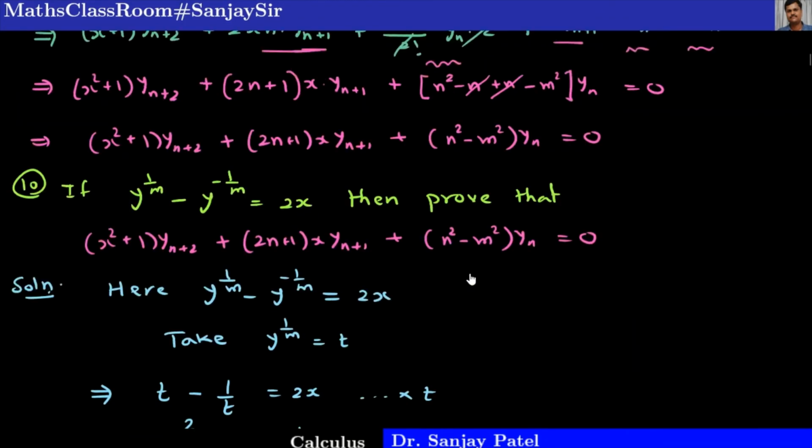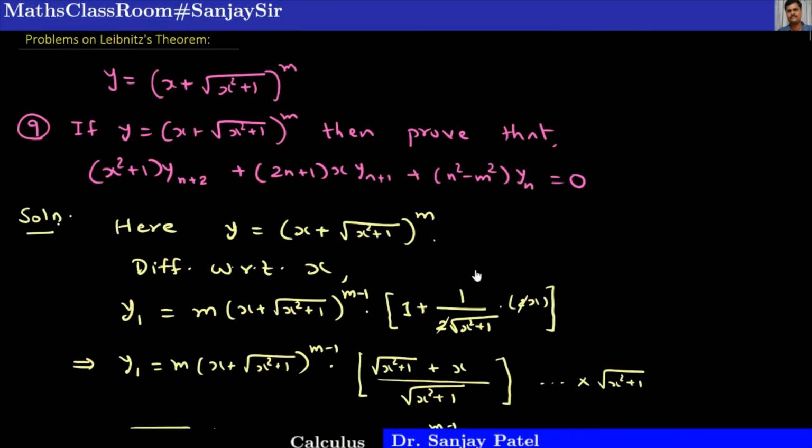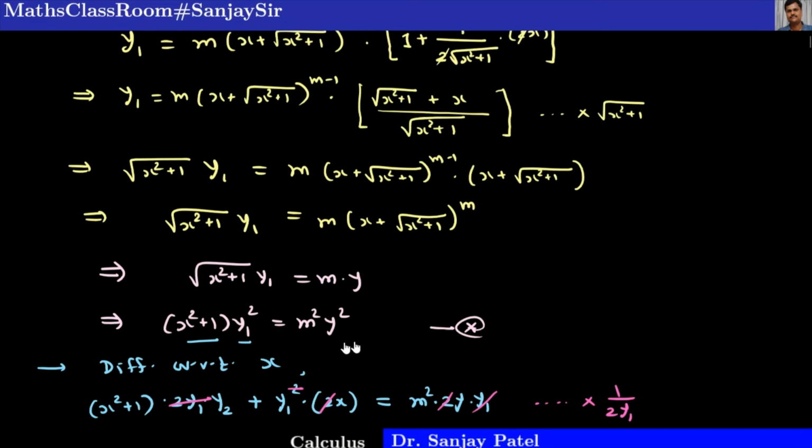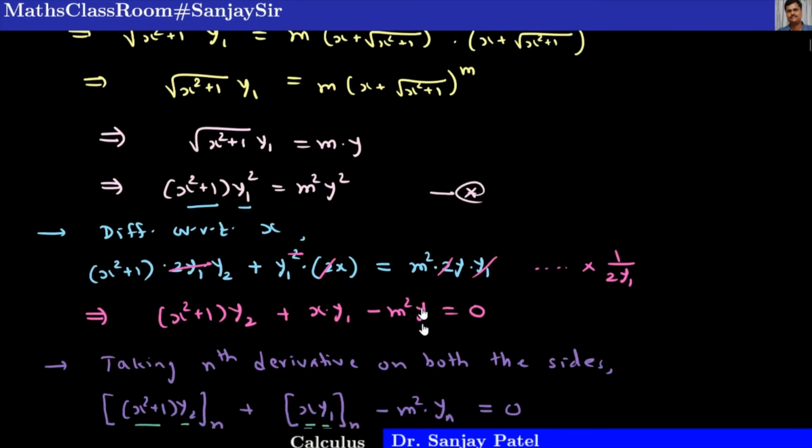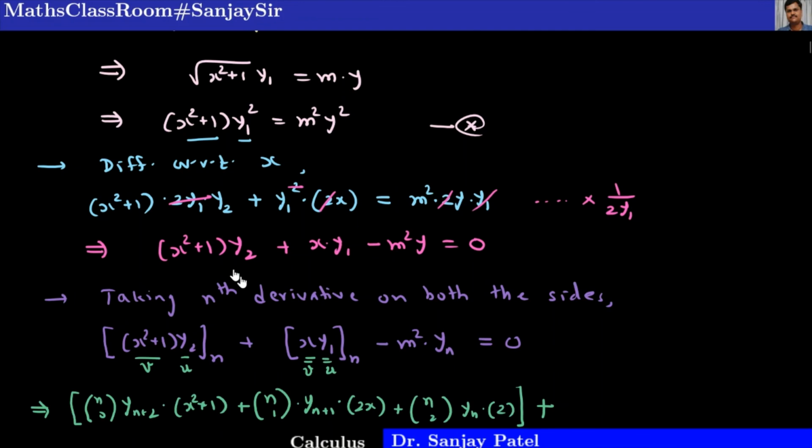Let me show you that. Here it is: x square plus 1 into y1 square is equal to m square y square. So after this, we can continue in the same manner and we'll get the same solution. We obtained this in that last example, so from then onwards, you can write down the same solution. There is no change.